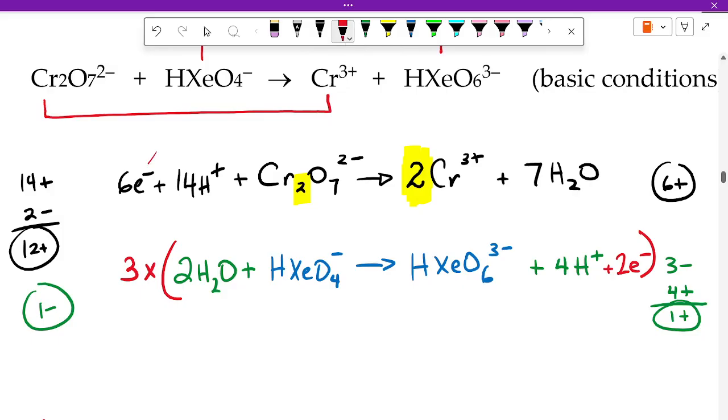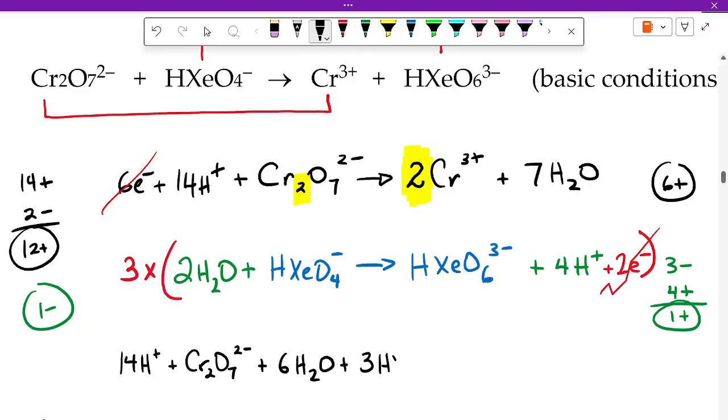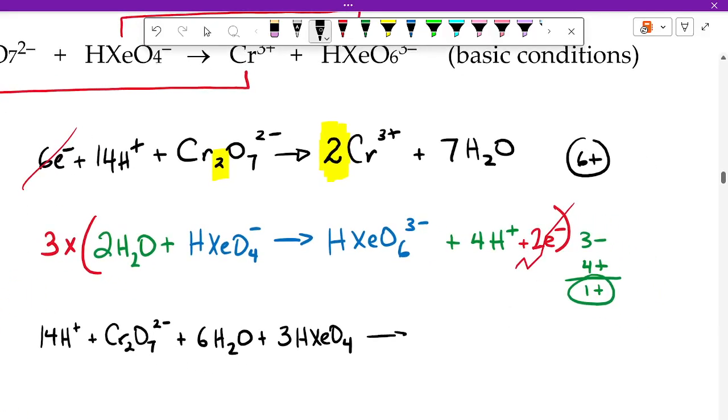I'm going to cancel out my electrons before I rewrite. This time I'm just going to say, okay, they're gone. Then you can put it on the next line.